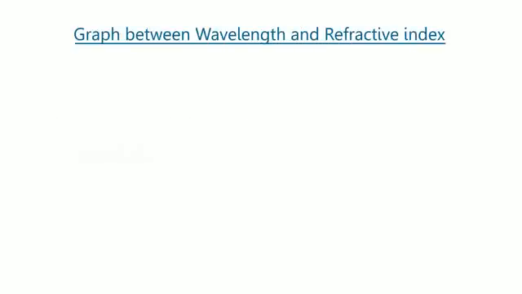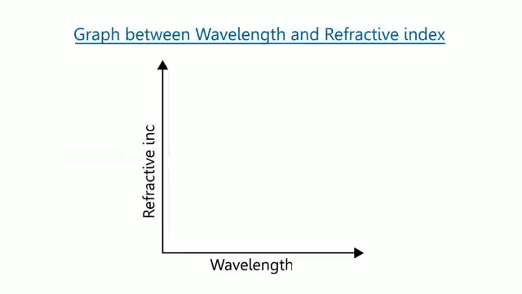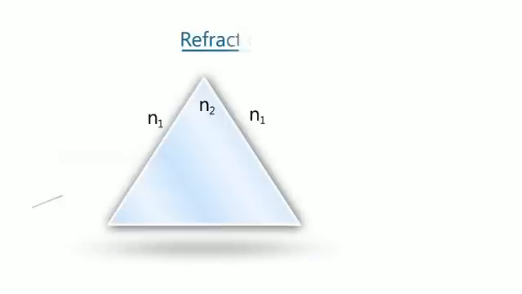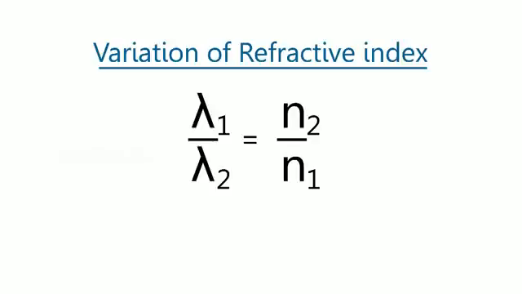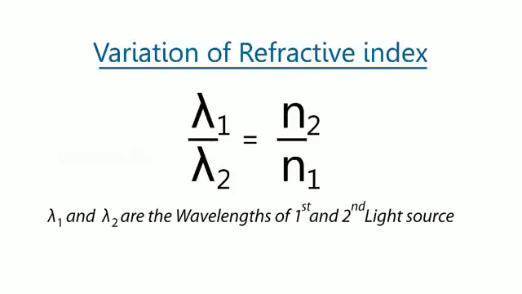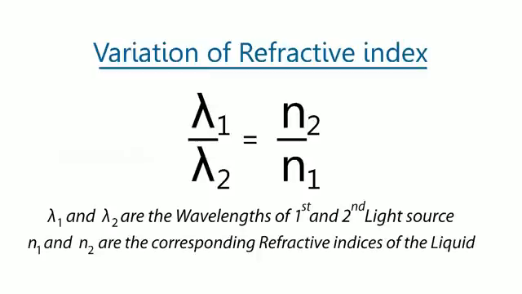Refractive index also depends on the wavelength of light used, because the speed of light waves depends on their wavelength. Light of different wavelengths will bend at different angles even if the angles of incidence are the same. Variation of refractive index at different wavelengths can be calculated as lambda1 divided by lambda2 equals n2 divided by n1, where lambda1 and lambda2 are the wavelengths of the first and second light sources, and n1 and n2 are the corresponding refractive indices of the liquid.